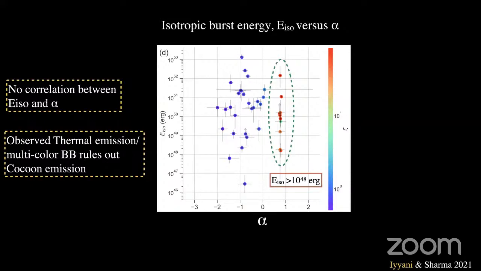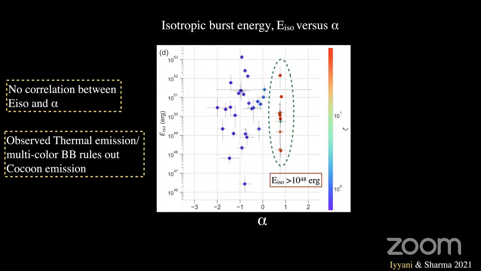As you can see, the characteristics of these thermal GRBs are not very different from the other GRBs which have broader, more multicolor black body spectral shapes. So it seems that they need not have any special class of origin, or maybe it's not particularly from a cocoon or so.